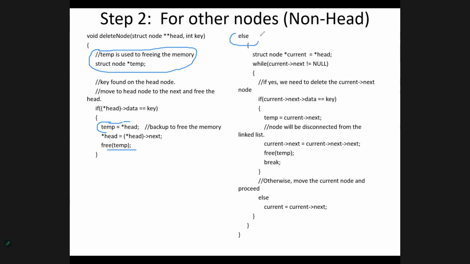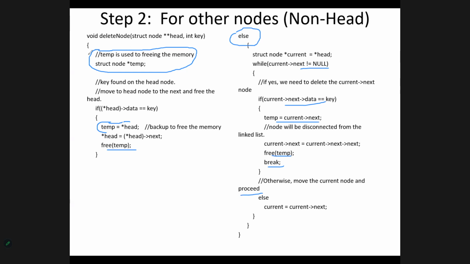If not, if the key is not in the first node, we need to move forward. We go until current next is null. If current next data is the key, we assign temp to current next, and current next is updated to skip it. Then break, so that means over. Otherwise move to the current node and process. Very easy.